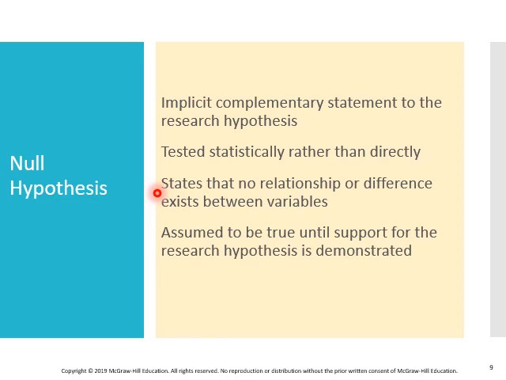Researchers conduct studies to collect evidence to demonstrate that there is a relationship between chocolate consumption and happiness. But until that is demonstrated, the null hypothesis is assumed to be true. That is, there is no relationship or difference between the variables in the hypothesis.